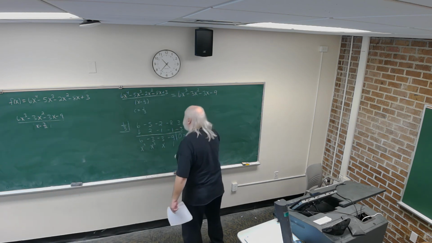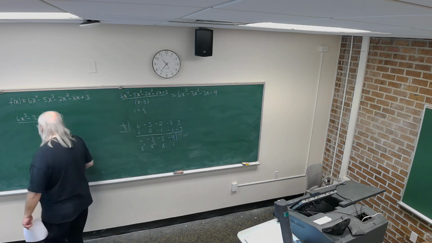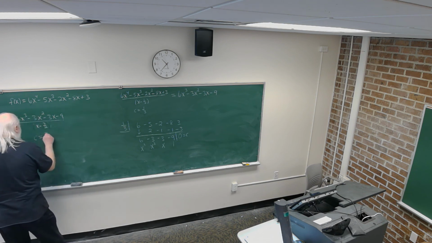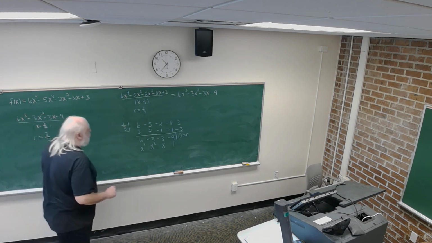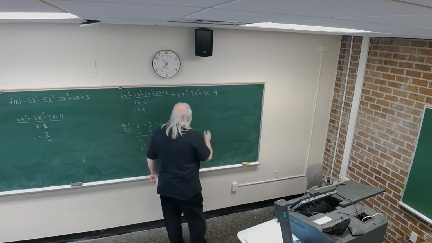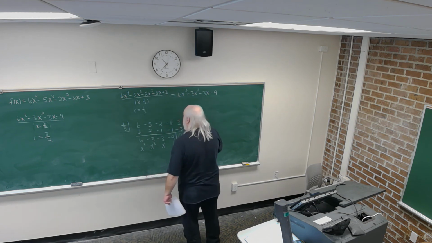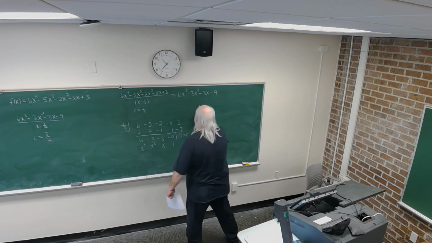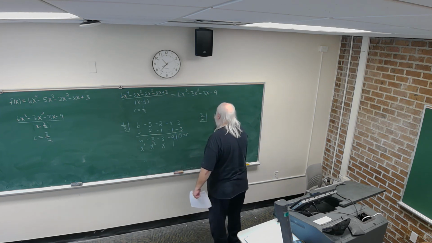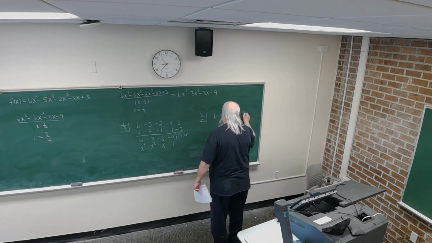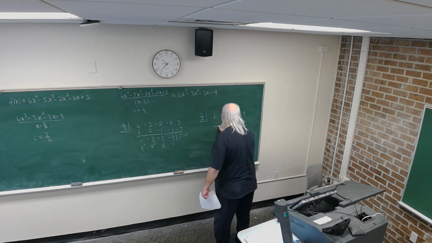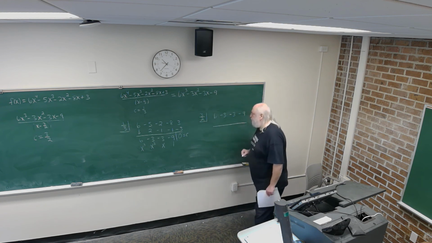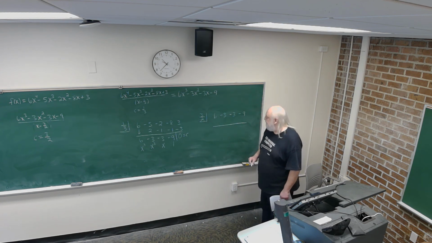So c is equal to 3/2, so 3/2 goes in the box. And then the coefficients of our third degree polynomial are 6, minus 3, minus 3, minus 9. Now we do the synthetic division.